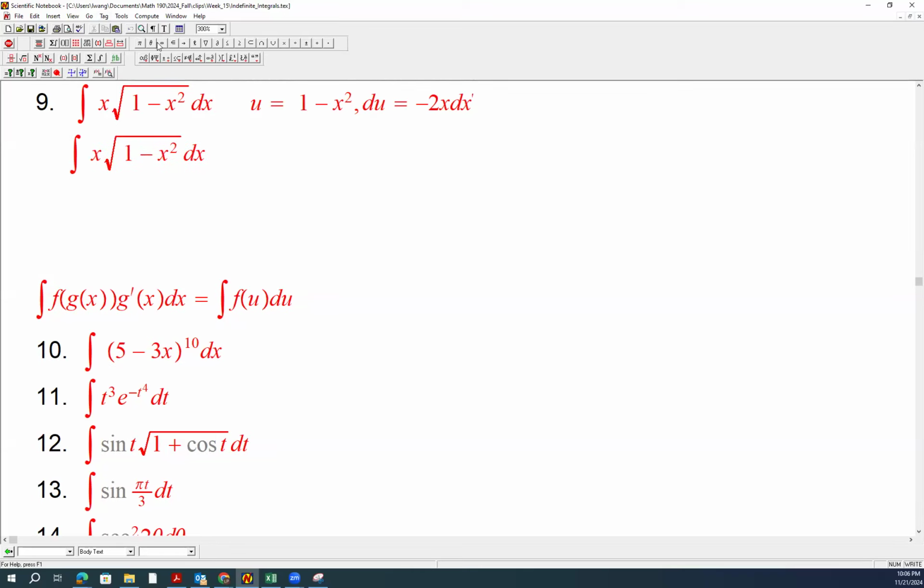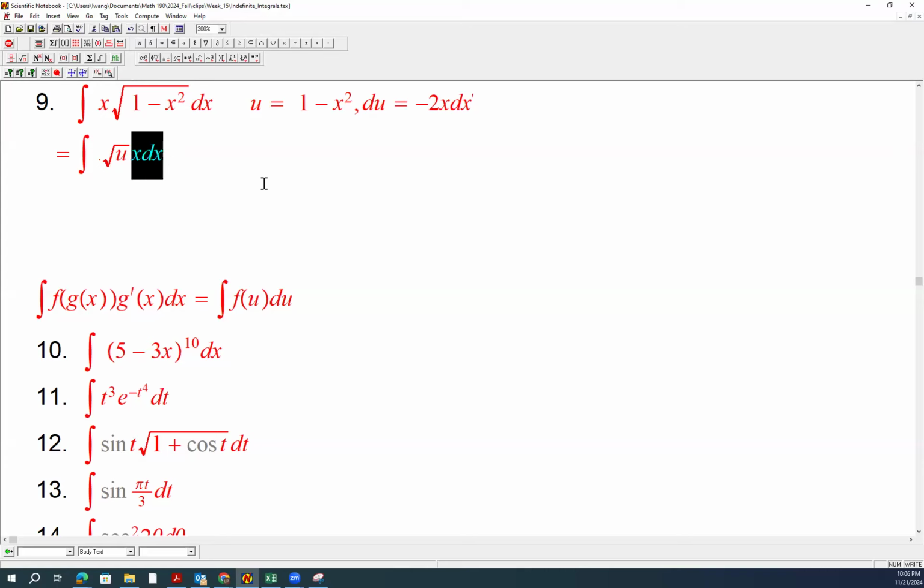All right? Okay. So let's line things up. I like to line things up. So this part is going to be root u. And x times dx, I'm going to bring them together.